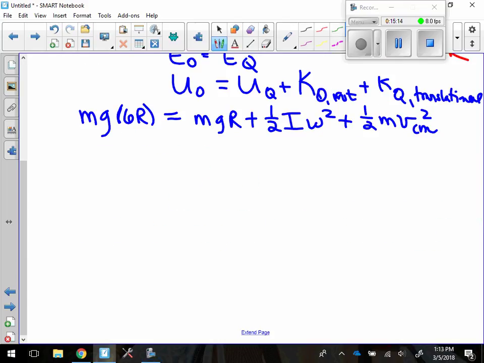So the algebra is pretty much the same as it was last time, although I'm going to take this and move it to the other side. So that's going to give me 5 mgR, right? Because I'm subtracting it from an mgR from both sides.